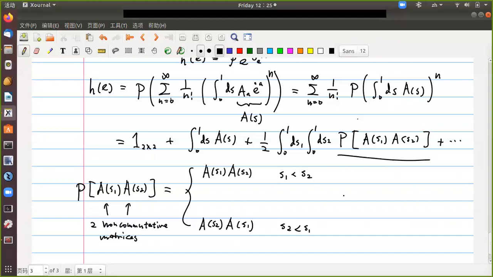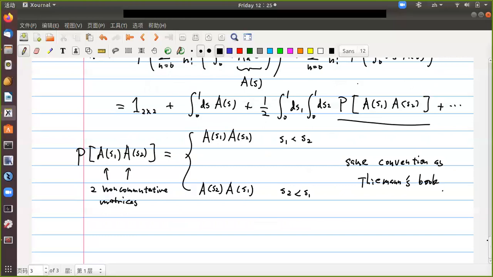Here I'm just using the same convention as Tima's book. Different books may have different conventions, but here we always use the same. So here is the definition of the path ordered operator.